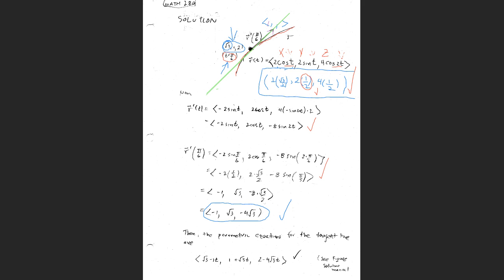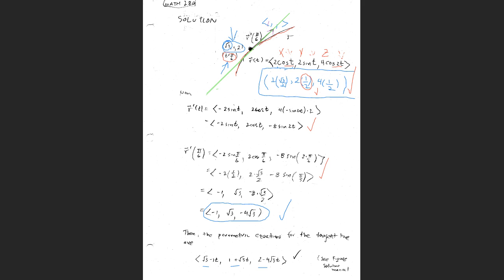All right. Well, you know, lines have parametric equations. So the parametric equations for the tangent line are going to have to be √3 minus 1 times t, 1 plus √3 of t, and 2 minus 4√3 of t.